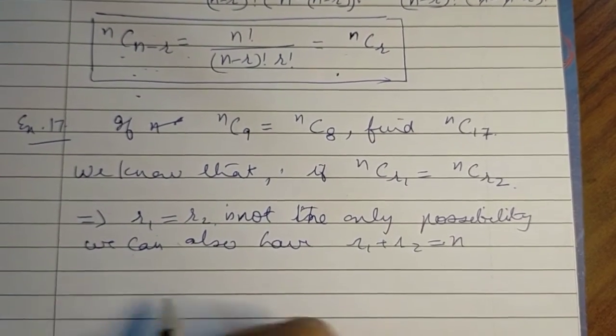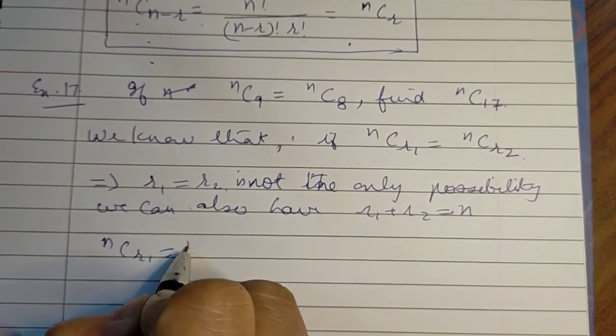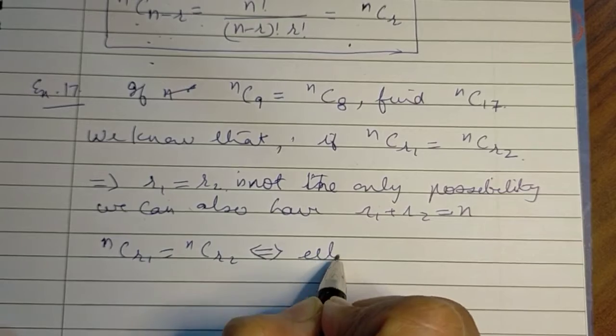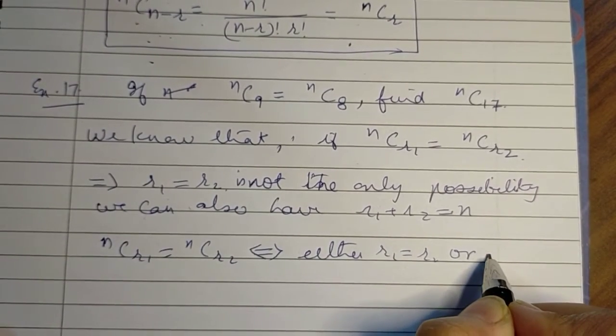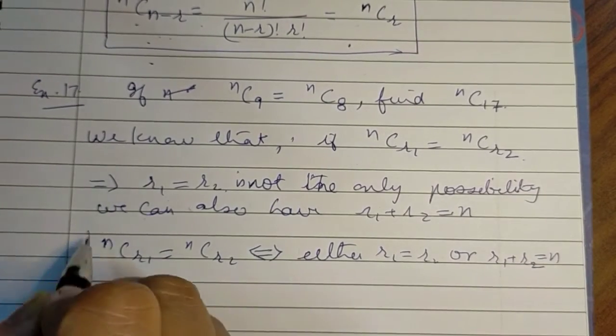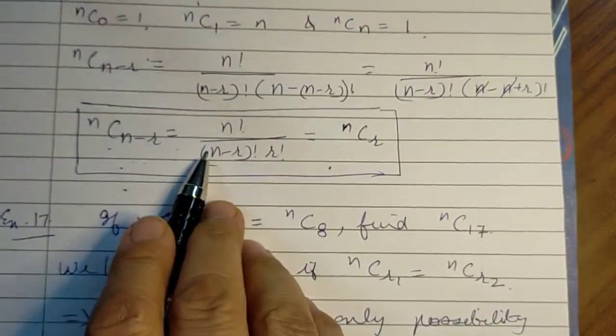That is, we know that nCr1 equal to nCr2 implies and is implied by either r1 equal to r2 or r1 plus r2 equal to n, as obtained earlier over here.